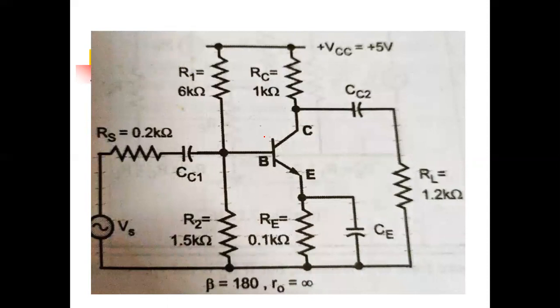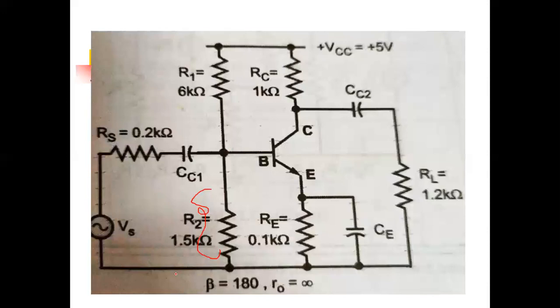If we're talking about the DC analysis for finding the Q point, we have to draw the DC equivalent circuit. It is a voltage divider biasing circuit, so we have to draw the voltage divider equivalent circuit. We want to calculate the voltage across R2, and the voltage across R2 is R2 into VCC upon R1 plus R2.